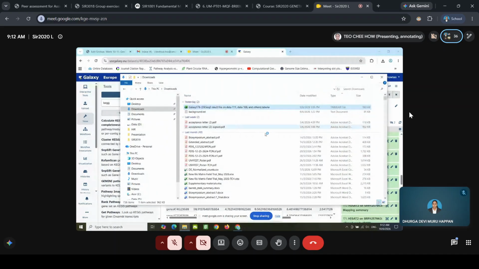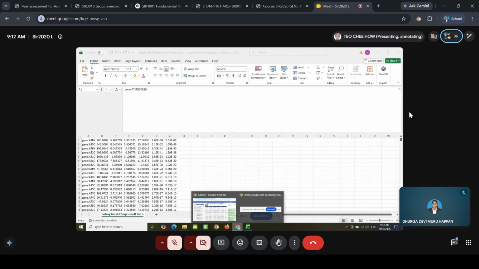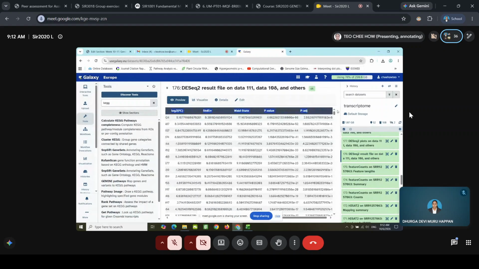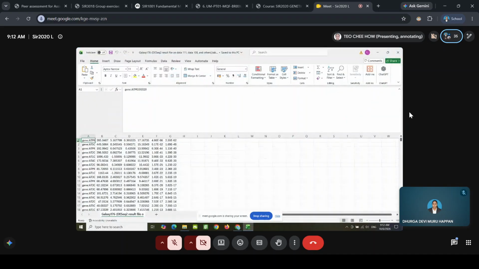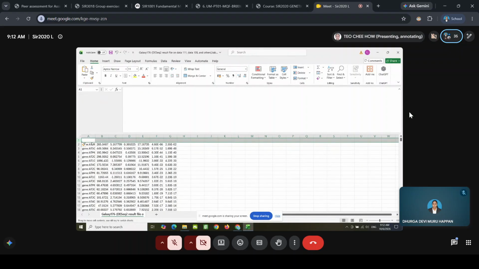I download the file, the differentially expressed result file here, then I copy this ID. Insert up.